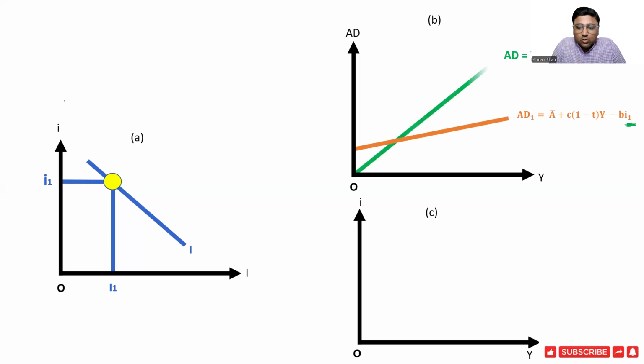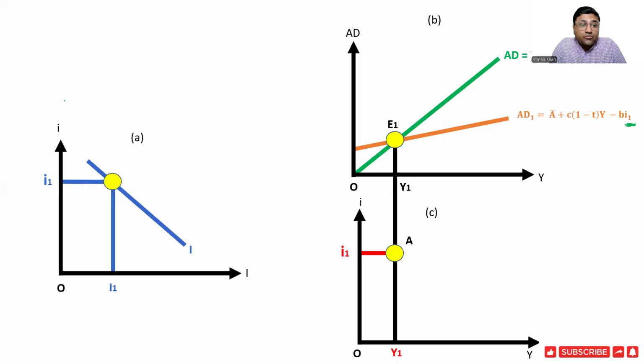This is the AD equal to Y curve, and E1 is the equilibrium point, and the equilibrium level of income is Y1. Now this equilibrium level of income is associated with interest rate i1, and therefore the reflection of E1 is point A in panel C, and that shows the relationship between i1 and Y1.